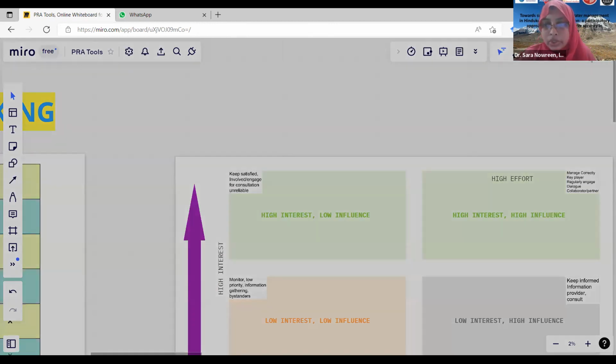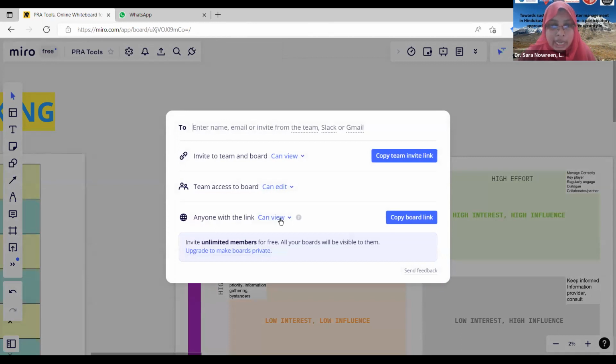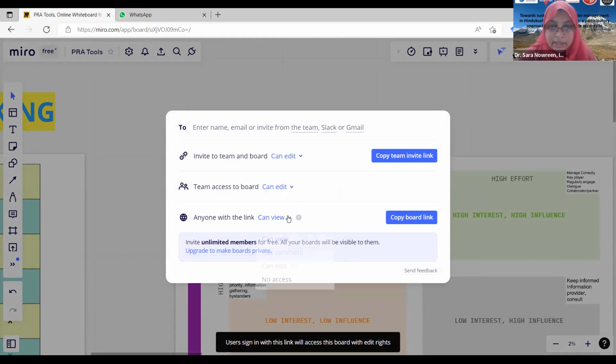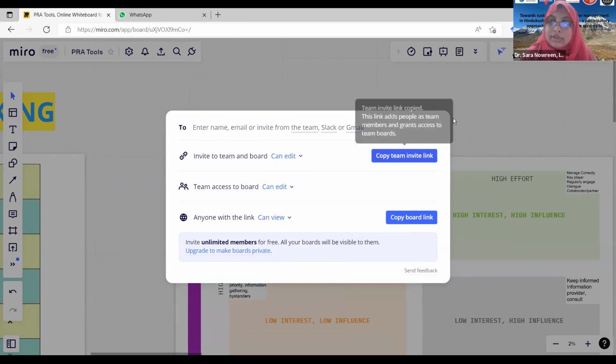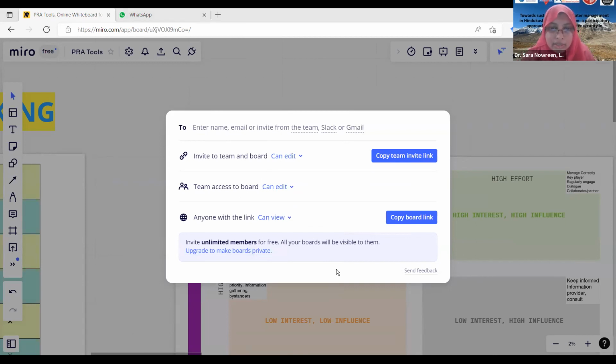What I'm going to share right now, I'm going to give every one of you the editing options, and then you can simply do the exercise. Sorry, what's happening? Okay.